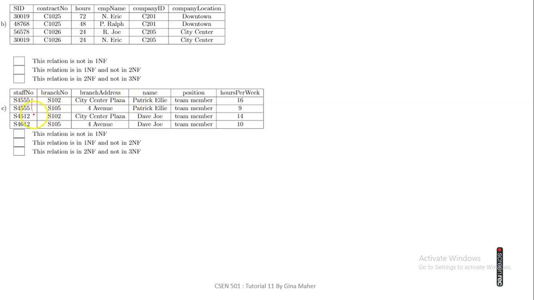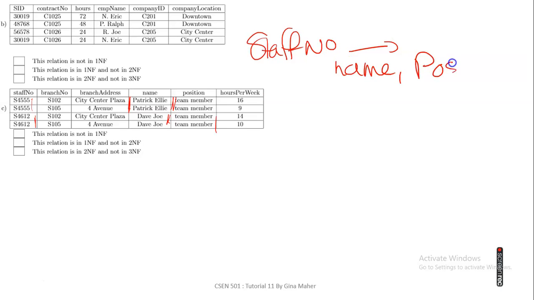Whenever it is 555, the name will be the same and the position will be the same. And whenever it's 12, it will be the same here and here, which means that staff number implies name and position.